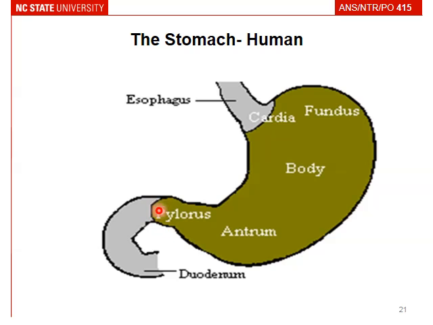We do have the pylorus sphincter, which is controlling what is actually secreted into the first component of the small intestine. And then we do have reverse peristalsis that can occur within the stomach. If anybody's been subjected to heartburn, that is where the gastric contents are able to regurgitate, and they end up causing a burning sensation in your esophagus.